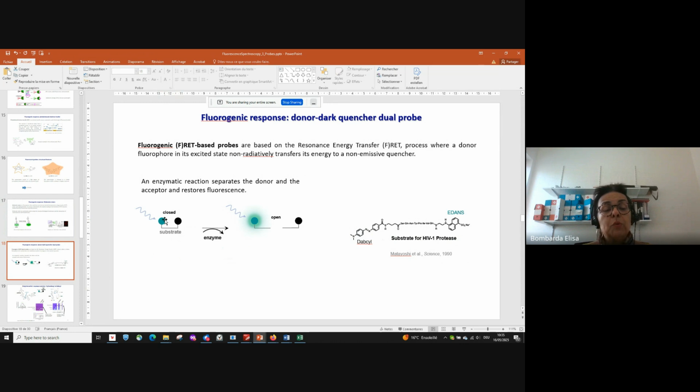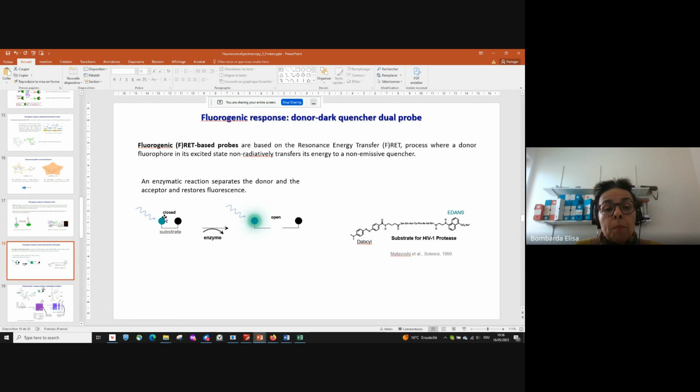That is what is required for transferring the energy by resonance. It is not only the overlap that is important, the distance also plays a role, as we saw yesterday, and that is how this probe works.